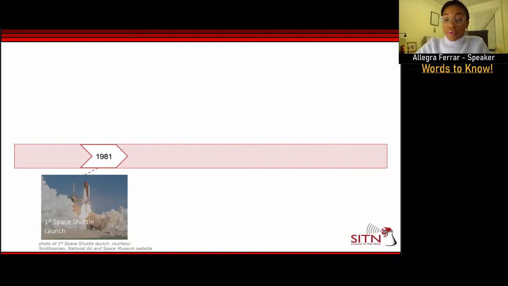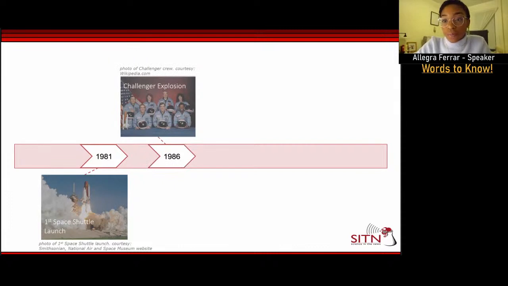But we had a few tragedies along the way. In 1986, the Challenger exploded, which was the first major display of just how high stakes this challenge is. And it's nothing like flying in an airplane. It was starting to become very normalized as something that we could do often.